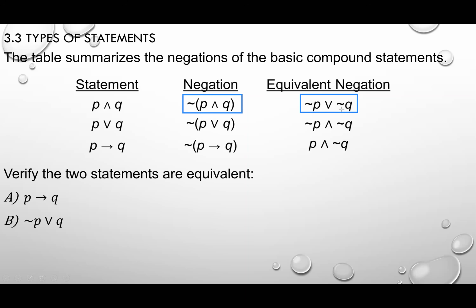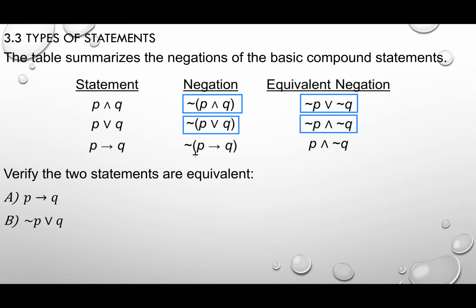We mentioned this last time in terms of De Morgan's law. If you negate the and statement, it's basically the disjunction of each individual negation. And similarly, if we negate the or statement, you have to convert to the and statement, which is again the conjunction of each individual negation.